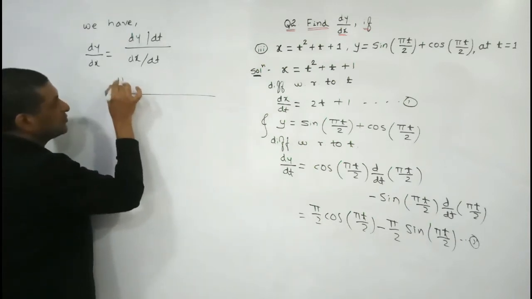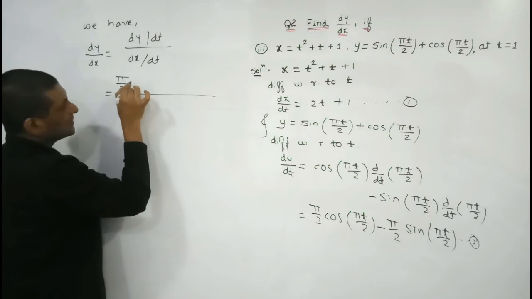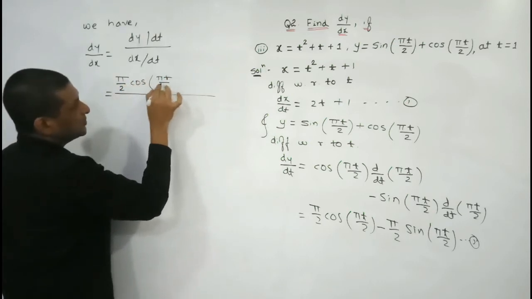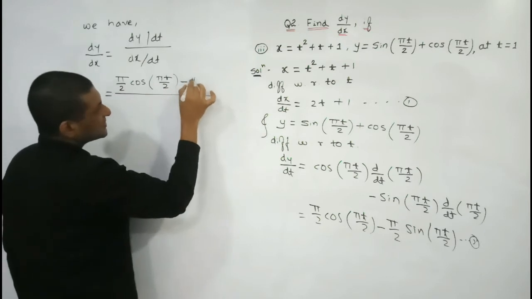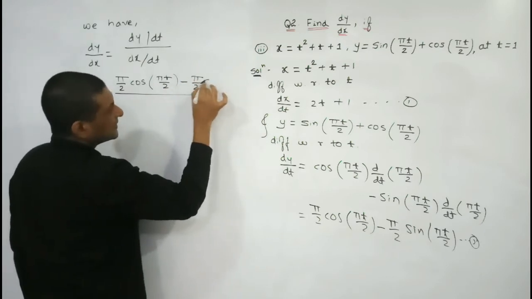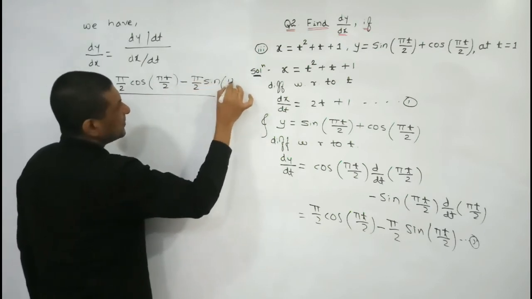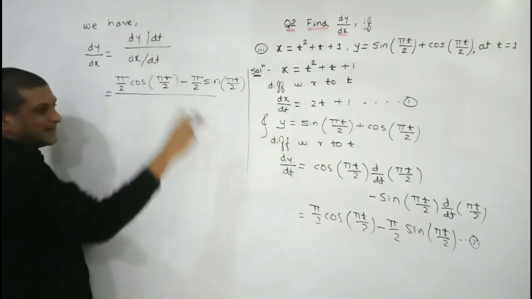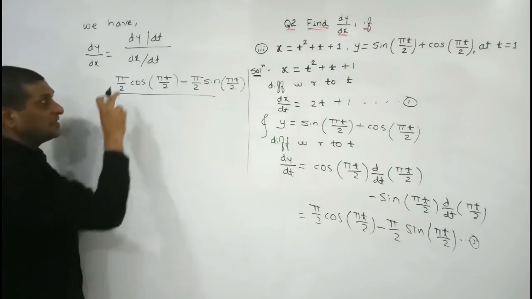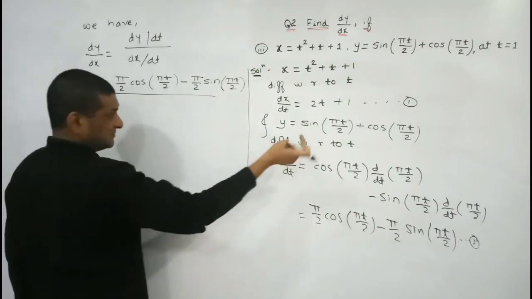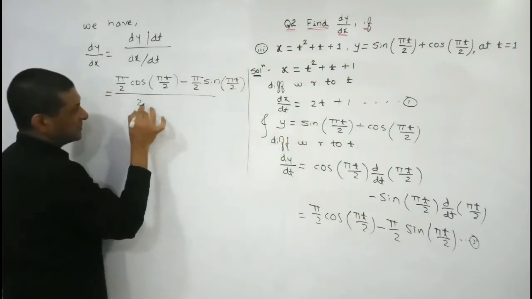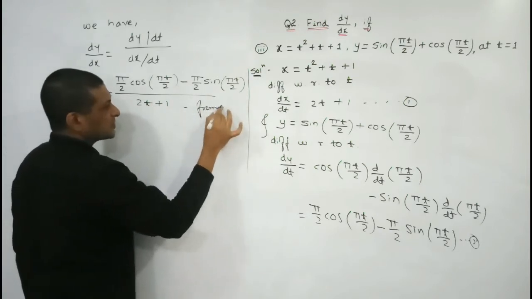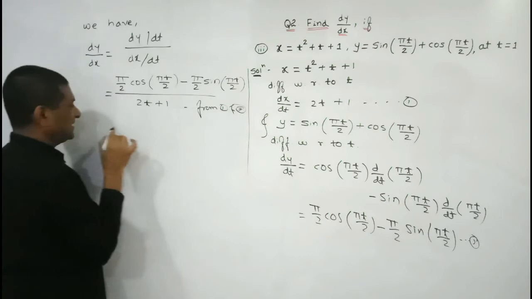Its value is pi by 2 cos pi t by 2 minus pi by 2 into sine pi t by 2. Just simply we have substituted the value of dy by dt from equation number 2, and in the denominator dx by dt, from equation number 1, its value is 2t plus 1. Both values we have substituted from equations 1 and 2.